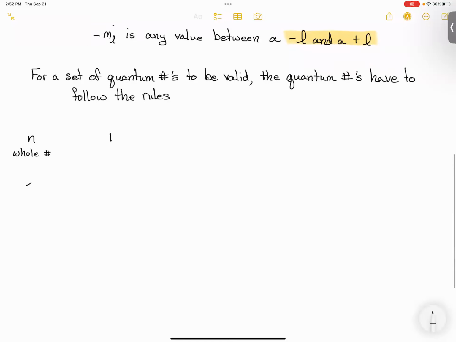So our only option for an L value in this particular shell, the only subshell that can exist in shell 1, is an L equal to 0, which happens to be an S subshell.